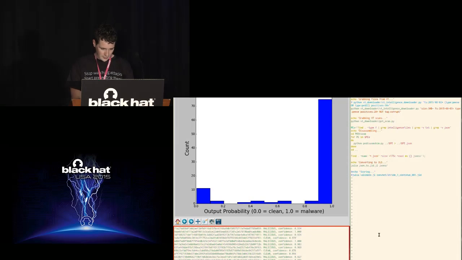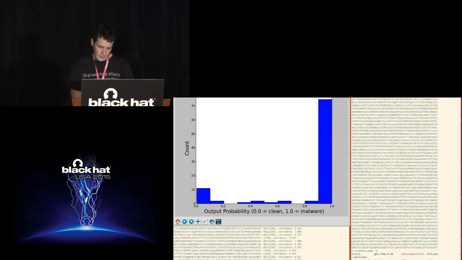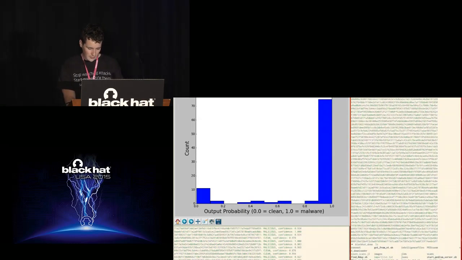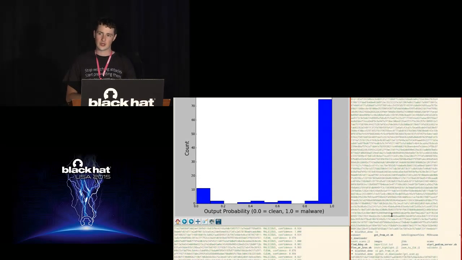So let's now run a scan program to see how well industry did. I have to grab these scans first. This will take a moment. I'm going to see how well industry did with all of these samples.